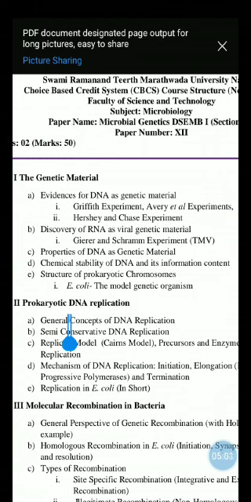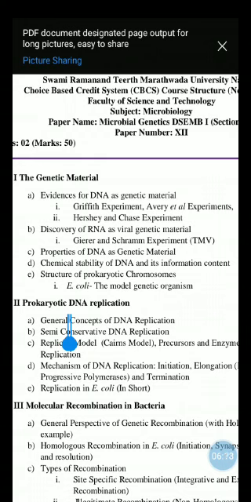Tobacco mosaic virus is the first virus ever discovered, and the scientists Gierer and Schramm proved that RNA is the viral genetic material present in the tobacco mosaic virus.